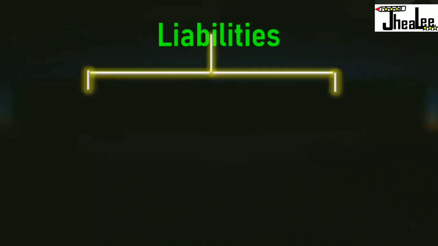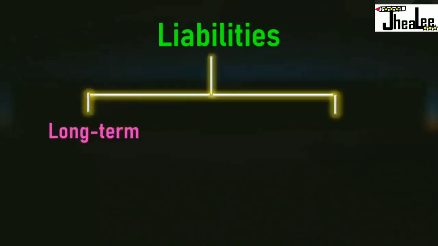We're now going to look at the categories of liabilities, the types of liabilities. And there are two broad categories. We have long-term liability, which is also known as non-current liability, and we have current liability. How do we distinguish between the two? For a long-term liability, the repayment period is more than a year. So once you have more than a year to repay this amount that is owing by the business, that is a long-term liability.